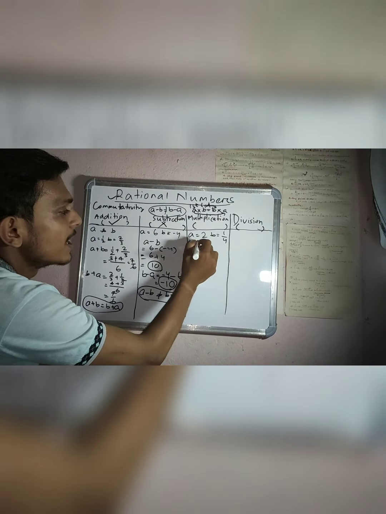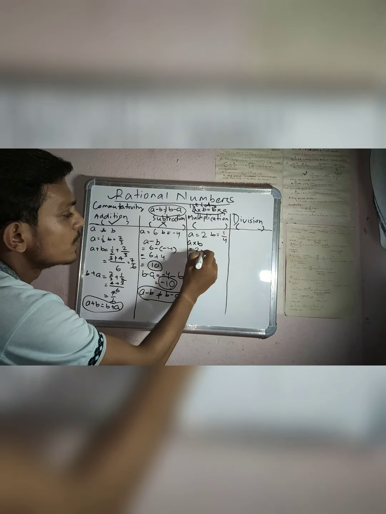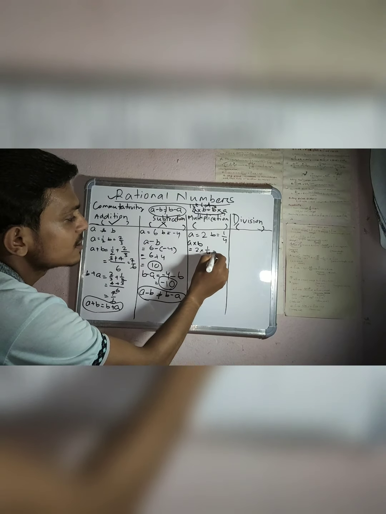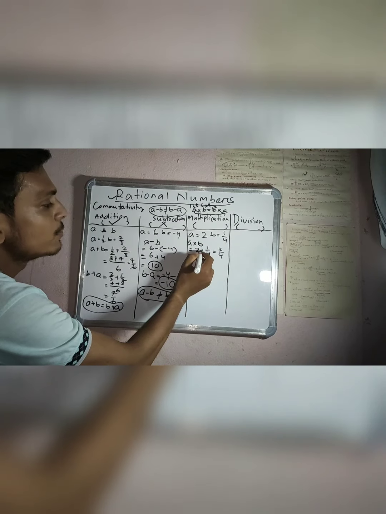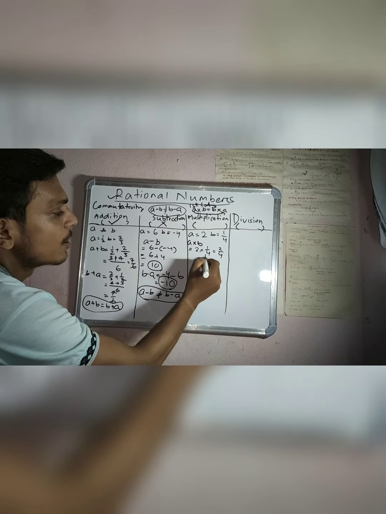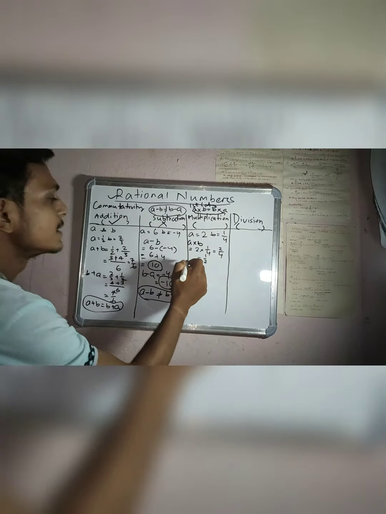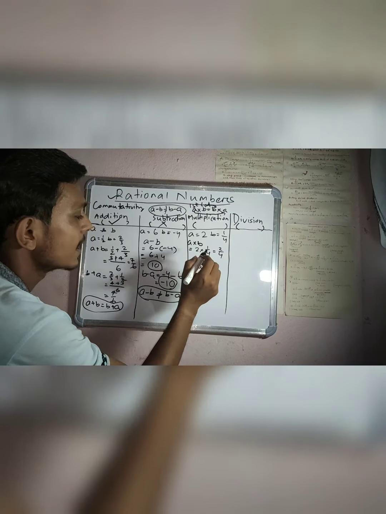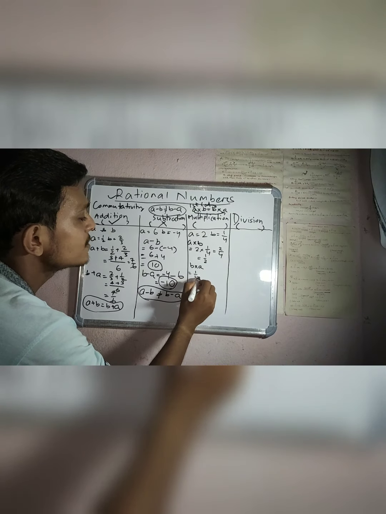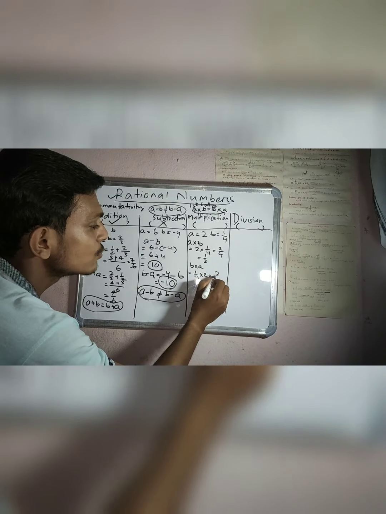Okay. a is multiplied with b. That is 2 multiplied with 1 by 4. That is 2 by 4. If I simplify 2 by 4, I get 1 by 2. Then b cross a. That is 1 by 4 multiplied with 2. That is also 2 by 4.